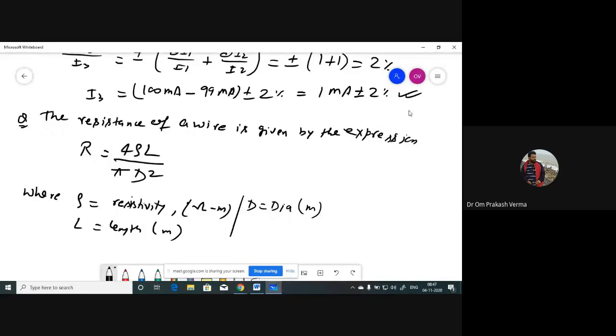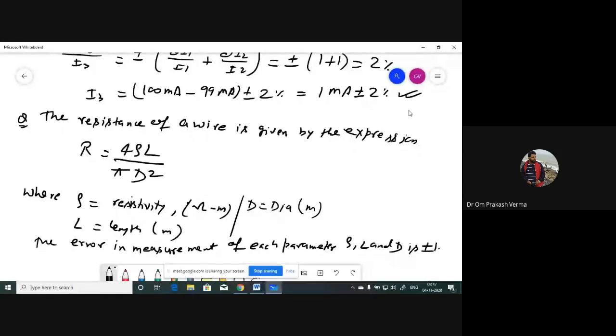And the error is given. The error in measurement of each parameter, that is rho, L and D, is given by plus or minus 1.0%, right?